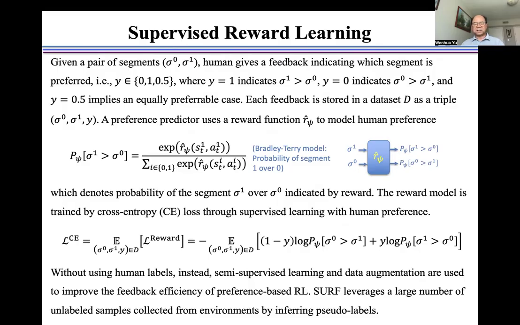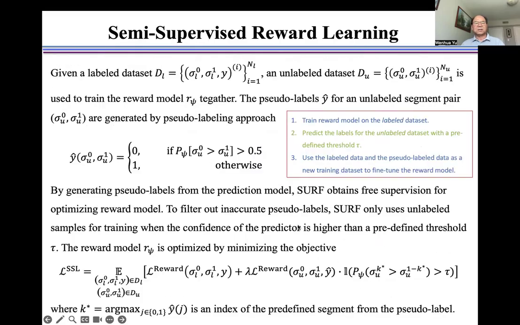SURF leverages a large number of unlabeled samples collected from environments, labeled by pseudo-labels. Given a labeled dataset DL, an unlabeled dataset DU is used to train the reward model R psi together.